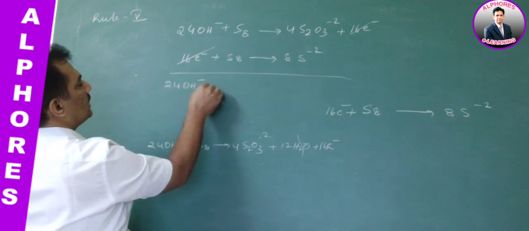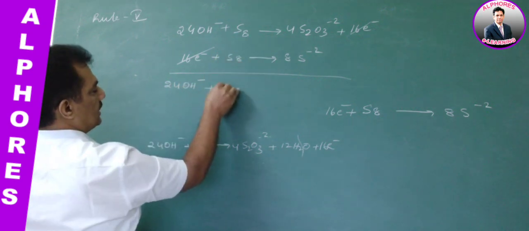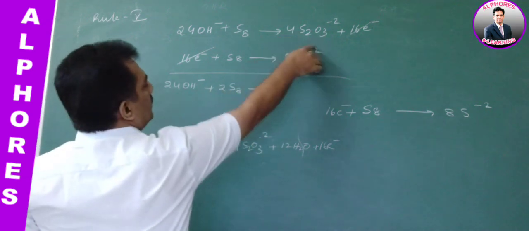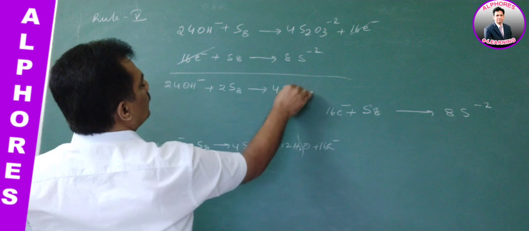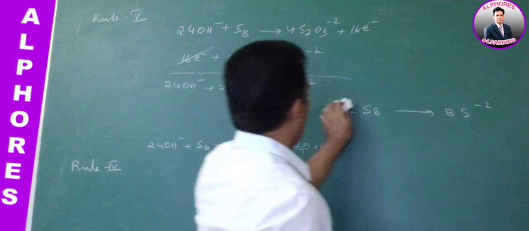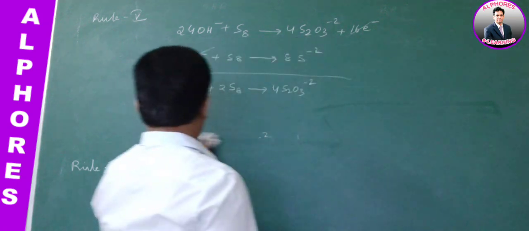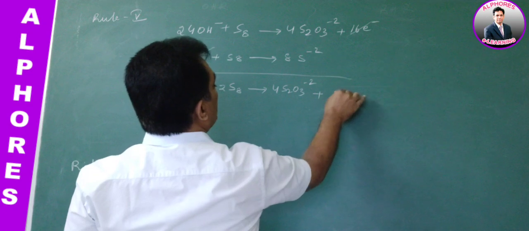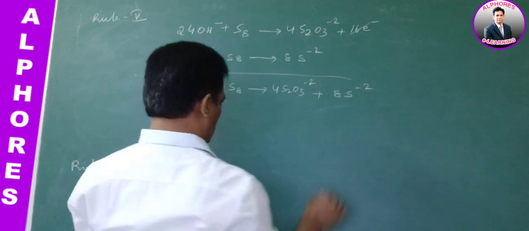24OH minus plus S8 and S8, that is 2S8, giving 4S2O3 minus 2 and 8S minus 2.